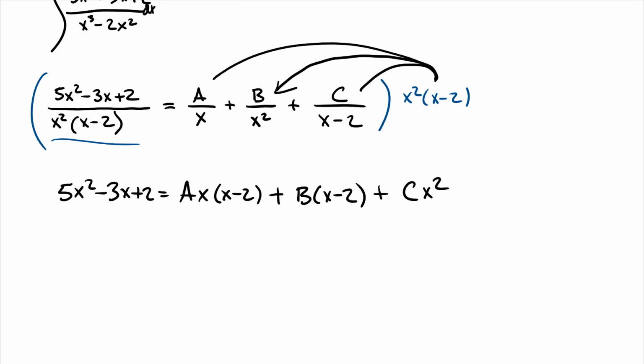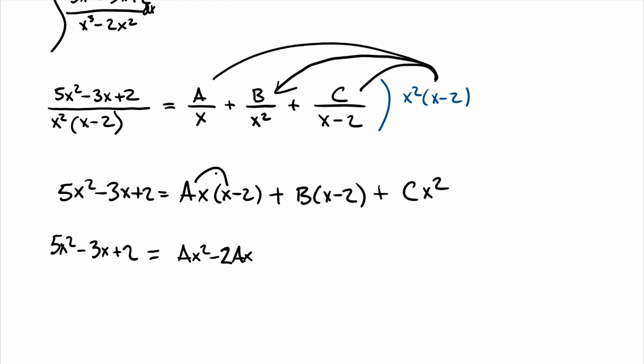This is where we have to do the long method. You see that sometimes we can do it, but with these repeated linear factors, that's kind of the term for this, we're going to actually have to play that game. So this is 5x squared minus 3x plus 2. We're going to get Ax squared minus 2Ax. We're going to get Bx minus 2B.